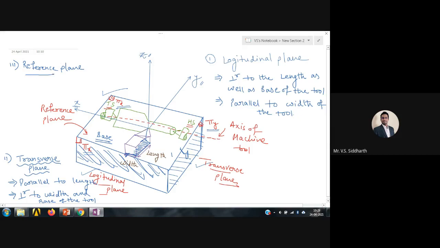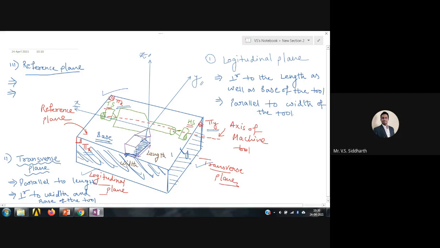Finally, the reference plane. Tell me how I can write the reference plane. You will get to know why I am telling you all these things. How is the base perpendicular to the transverse axis?